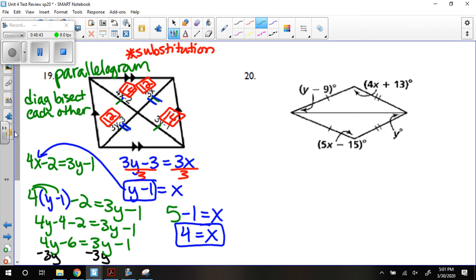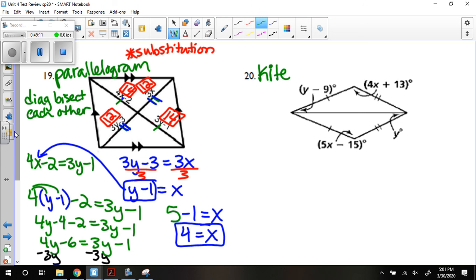For number 20 here, this is going to be a kite, because you are told that these two pieces are equal and these two pieces are equal. For my equations though, I have to look at where the information is placed, and they are placed in angles.